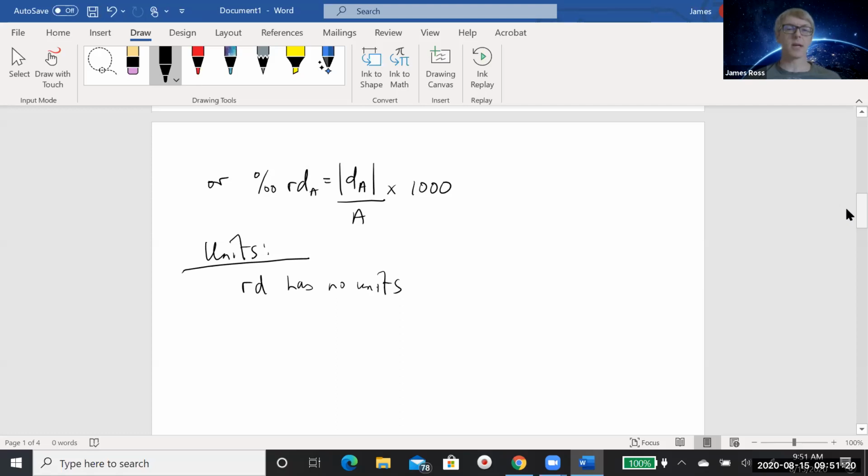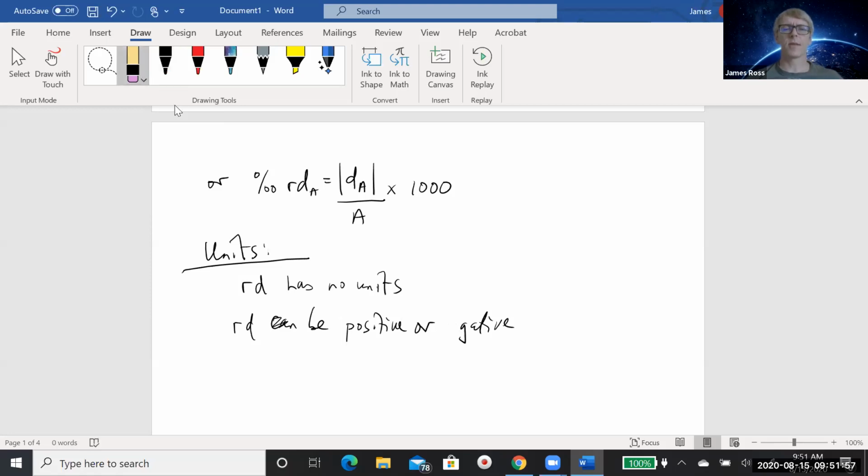Relative deviation can be positive or negative. And that's because although the numerator has an absolute value, the denominator does not. No, it can't be negative, can it? It can just be very small. So let's see.